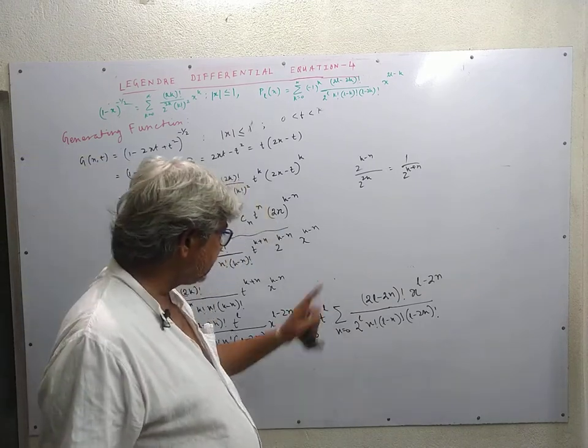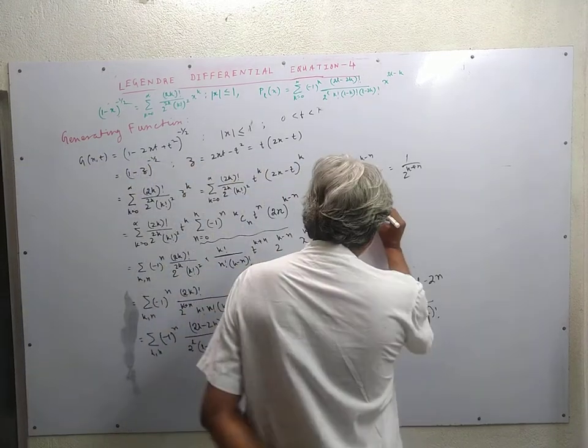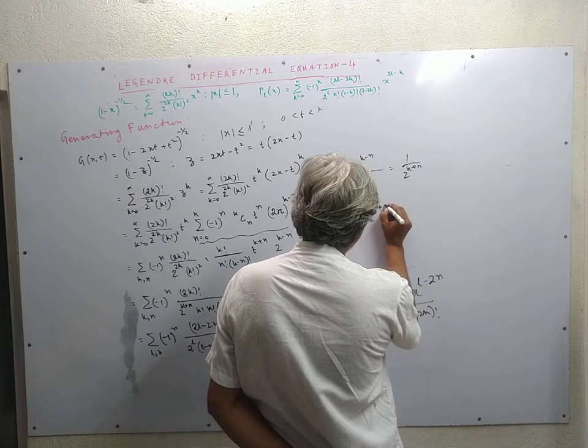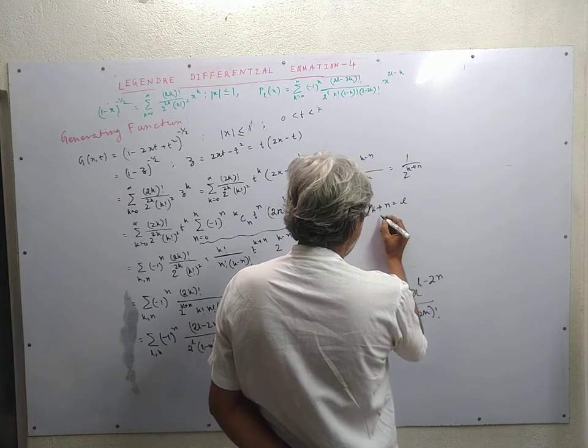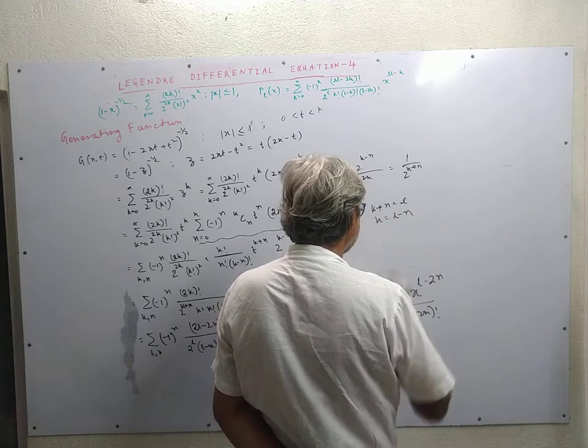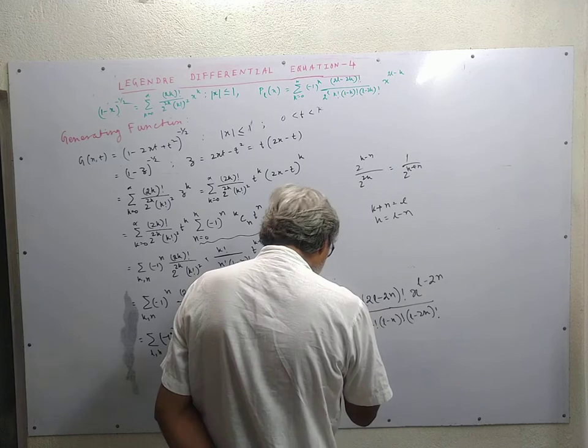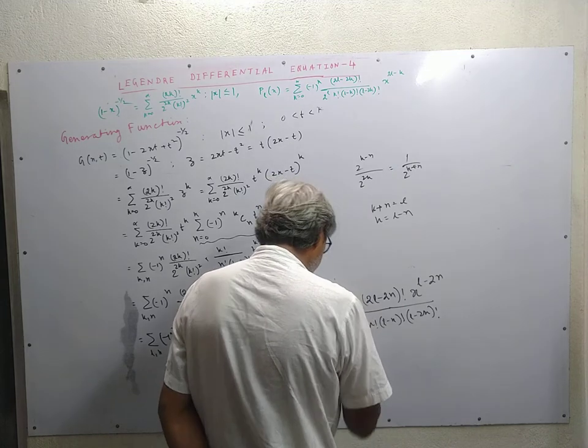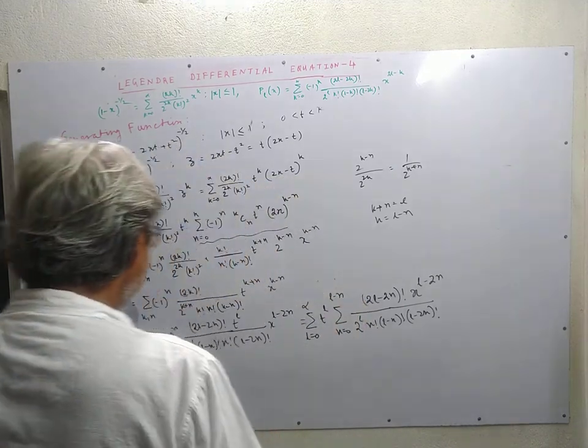This sum is up to k, that means k plus n is equal to L, that is k is equal to L minus n. So this sum is actually up to L minus n, but there is a restriction.